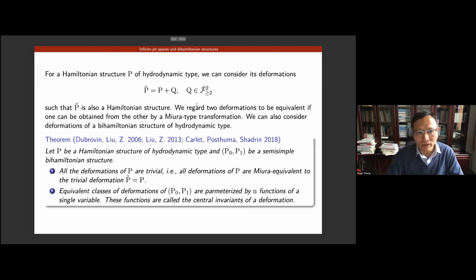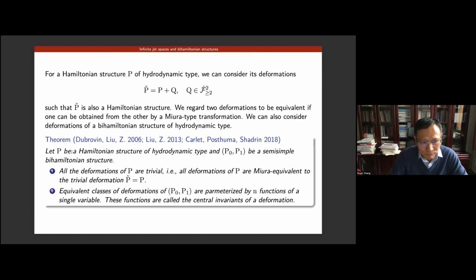Then we can also consider deformations of bihamiltonian structure. Okay, and then the result that I already mentioned on deformations of bihamiltonian structure of hydrodynamic type of semi-simple one, we have these results. I put it in the theorem.